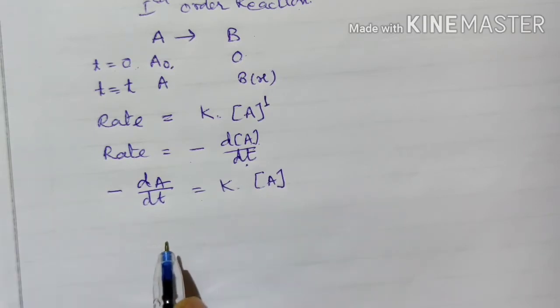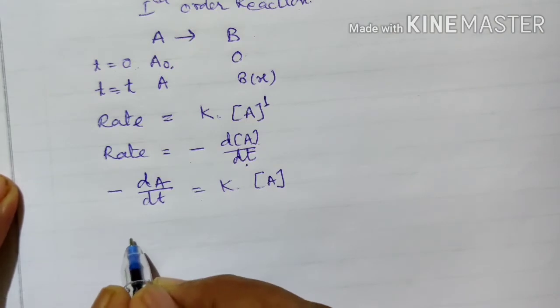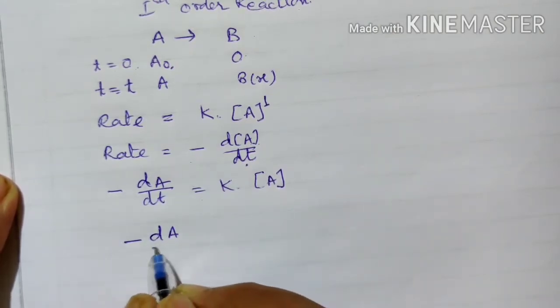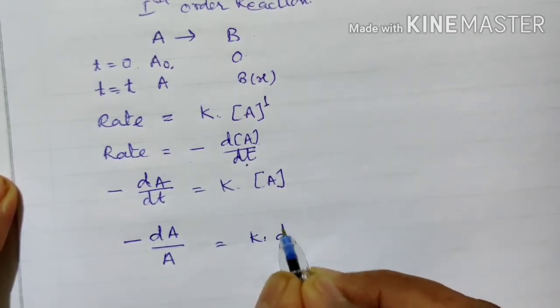Now we write this as minus dA upon A is equal to K into dt.